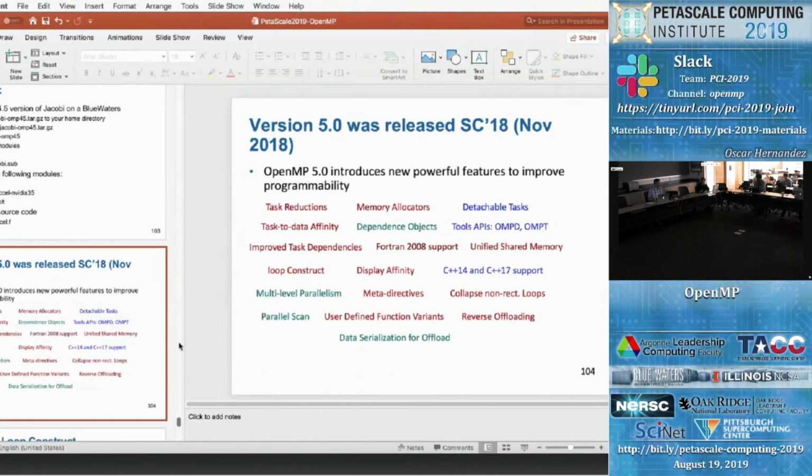Whenever you use OpenMP SIMD, you are giving more hints to the compiler, and the compiler will use that with the existing auto-vectorization analysis to improve it.